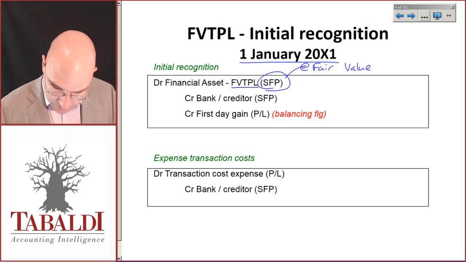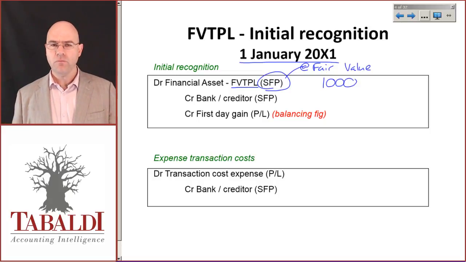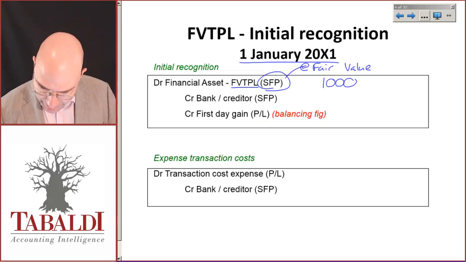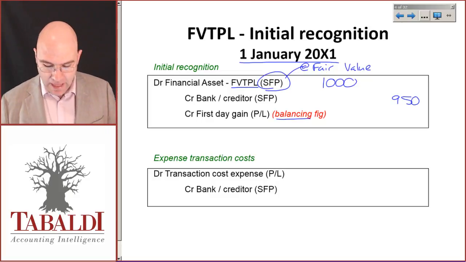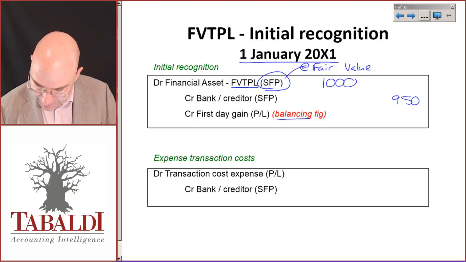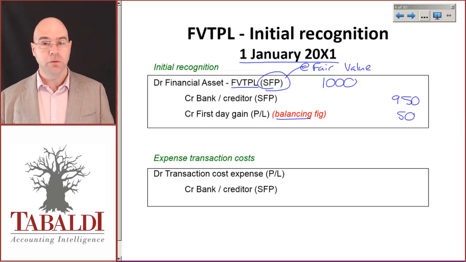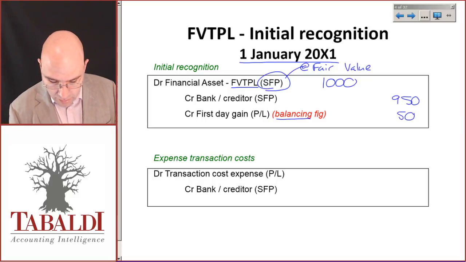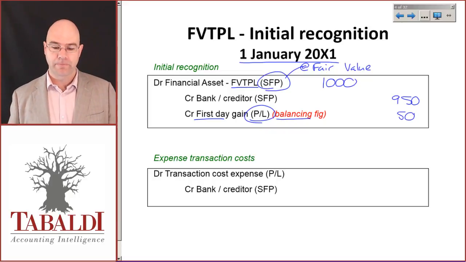So here we were given the fair value of 1,000. We, however, only paid 950. So there's a balancing figure here, right? And that 1,000 minus the 950 leaves us with a credit of 50 that needs to be put in to balance the journal. Where does that go? First day gain, profit or loss, always to profit and loss.